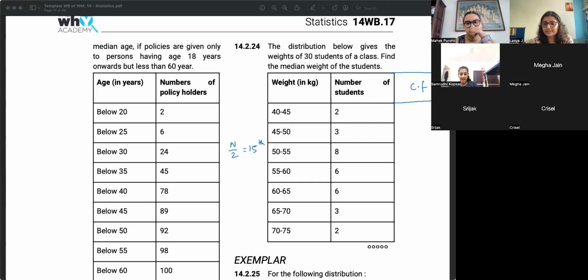Tia, Agrima and Anika, sorry, Tia and Agrima, where are you guys at? Can you guys send the median class, the one that you found out? If you're in the final calculation, let me know. Otherwise, send the median class.